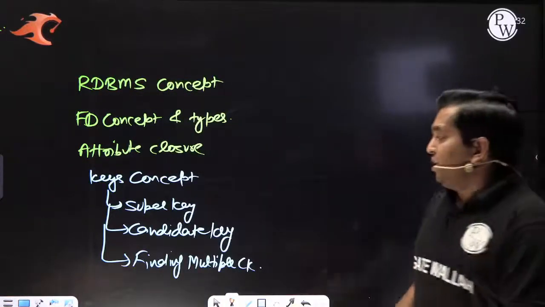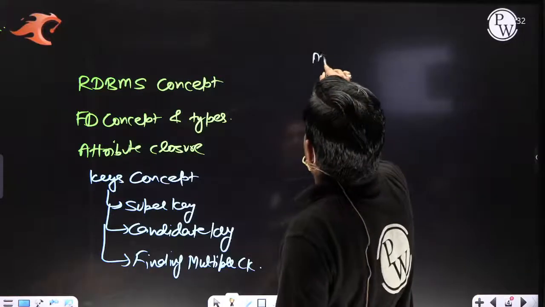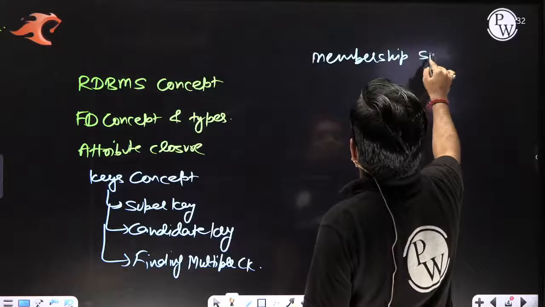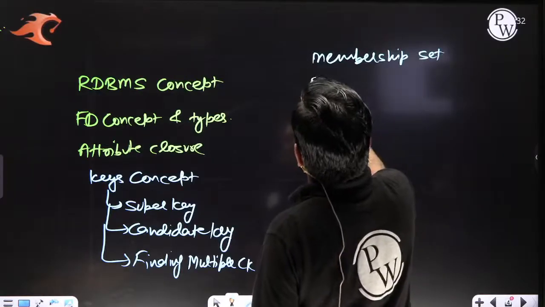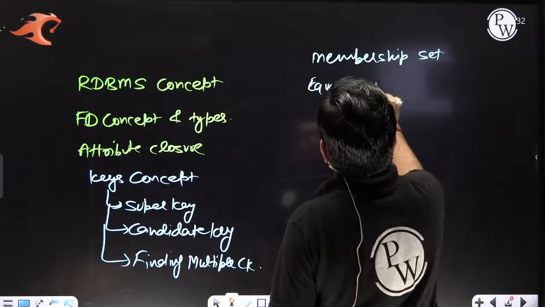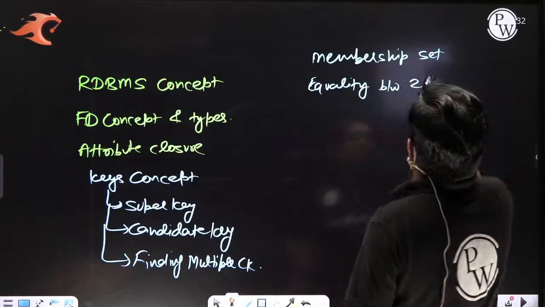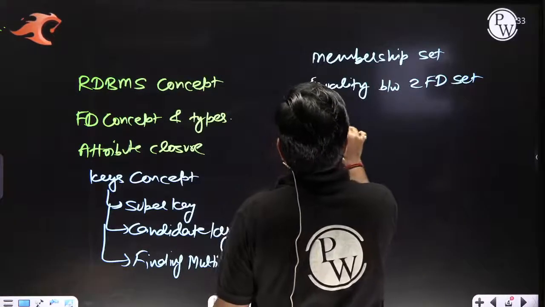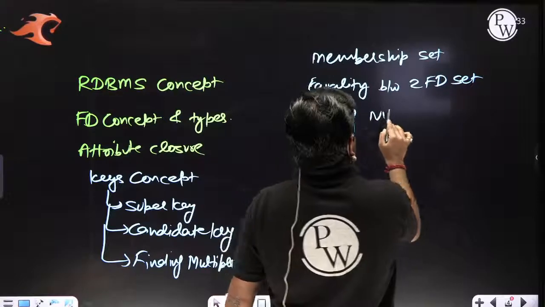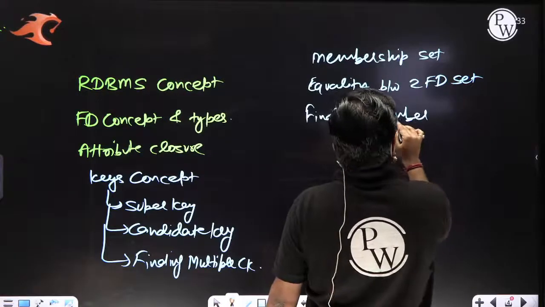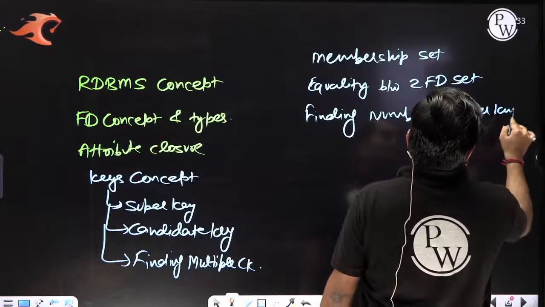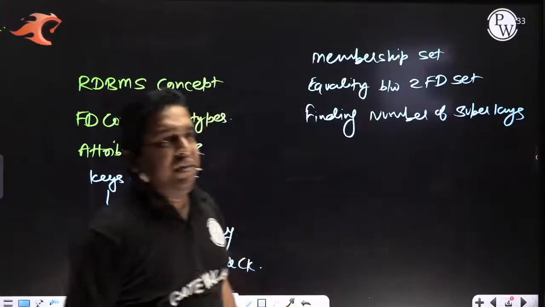Then we discussed membership set and equality between two FD sets, and finding the number of super keys. Each and every point we discussed.